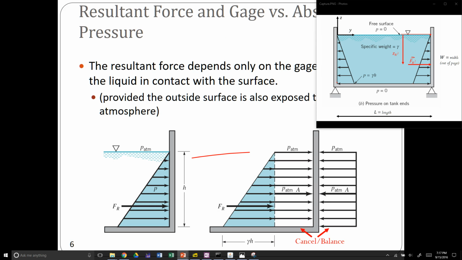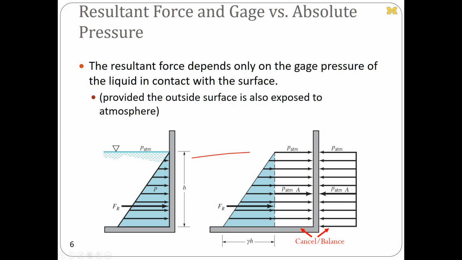So if we come back to look at the idea of gauge and absolute pressure, what we can see is on the left here is the case that we just considered, where pressure is equal to 0, and so the gauge and absolute pressure are equivalent.